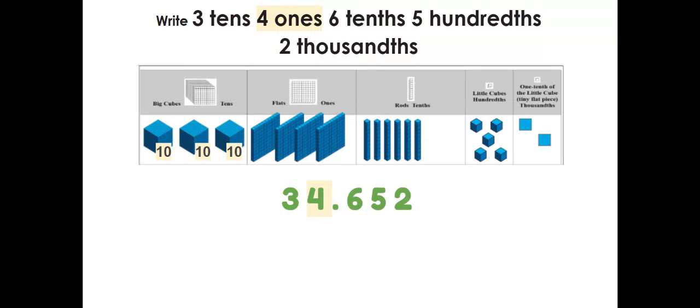We know each 10 actually has 10 ones. So with our 3 tens, we have actually 30 ones hiding in there. And then with our 4 ones that we have, that means altogether, if we were just going to say ones as our unit and not talk about tens, we could say we have 34 ones.